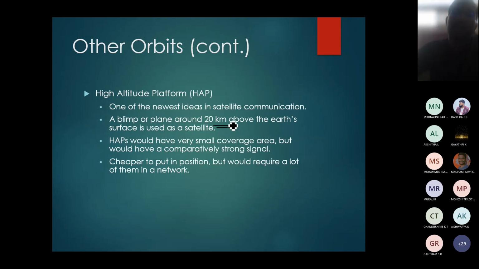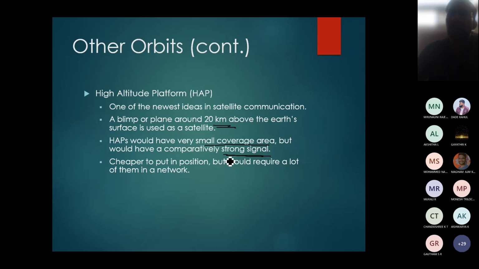So just double that height. These satellites are moving very close to the Earth's surface. That's the reason they have a very small coverage area, but comparatively we get very good signal, and very good quality of image or signal from the satellite.